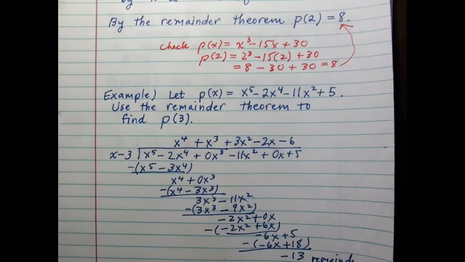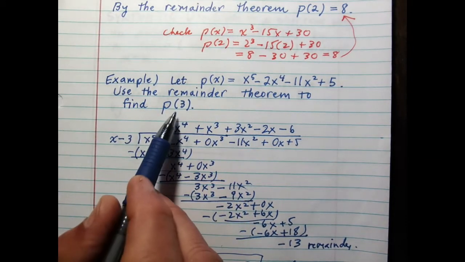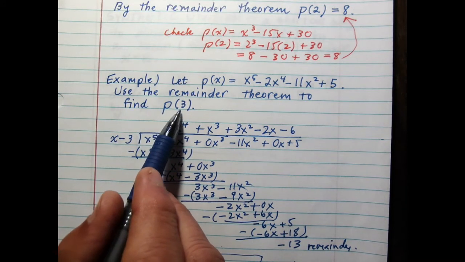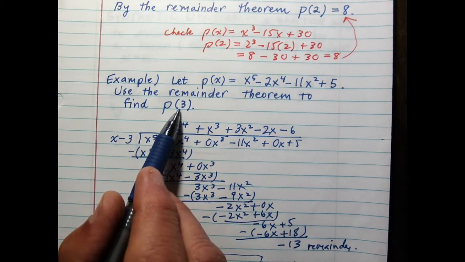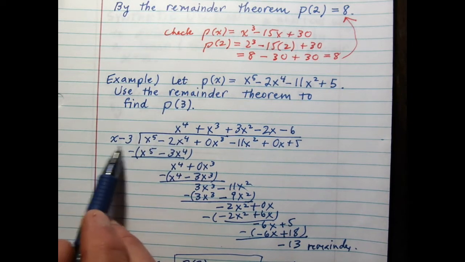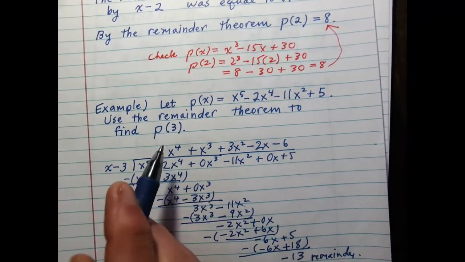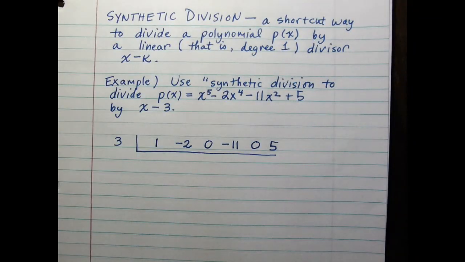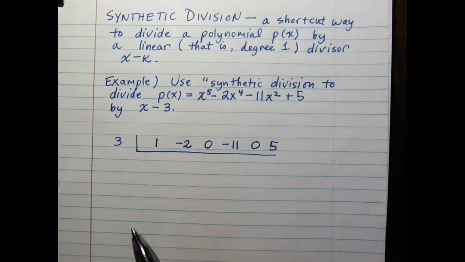It also is helpful because we're going to use this division to find p of 3. So when we write p of 3, we want a positive 3 inside. It's only this x minus 3 that has a minus. So we're going to make this connection between p of 3 and the work we do here, so it's nice to write a 3 there.